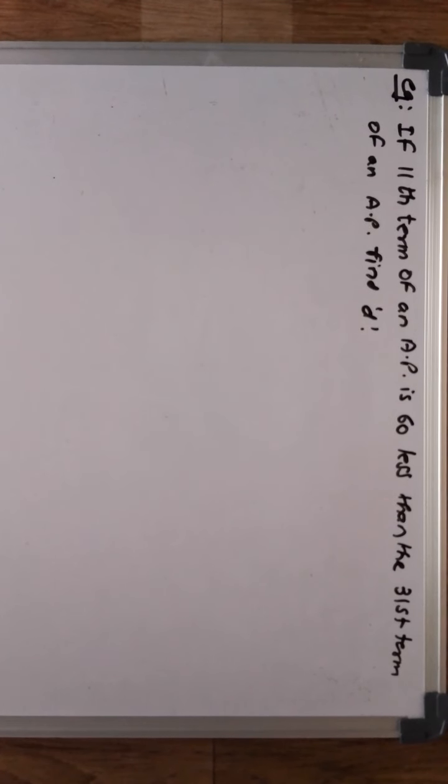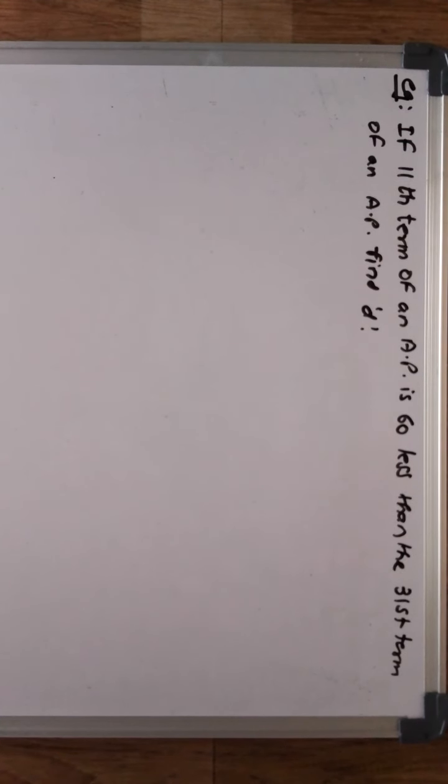Now come to this question. It says, if the 11th term of an AP is 60 less than the 31st term of an AP, find D. Okay.